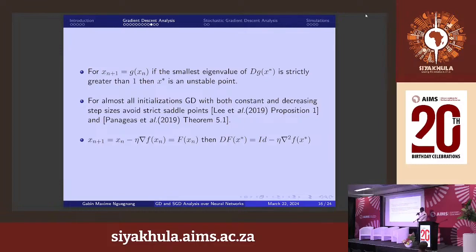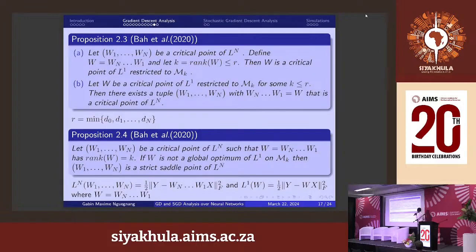So if you substitute that negative eigenvalue here, then this matrix will also have an eigenvalue that is strictly greater than 1, which already gives an intuition that a strict saddle point will be avoided by gradient descent.